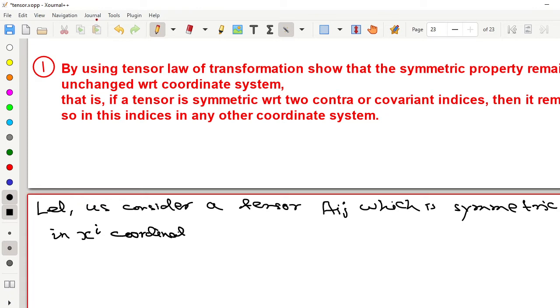That means, what can I write? I can write a_ij is equal to a_ji. So that is the basic one.